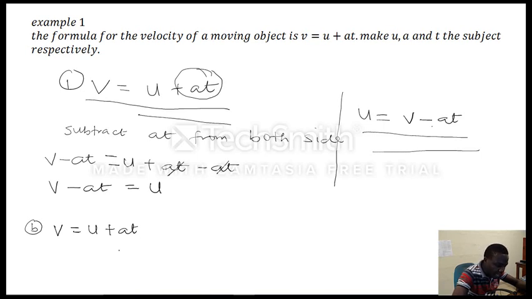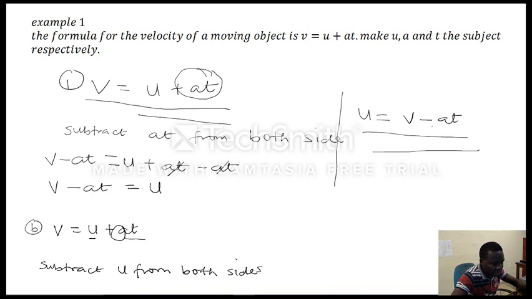So in order for me to make a the subject of the formula, I'm going to first of all move u to the other side before I'm going to undo the multiplication of a and t. So by doing this, I will subtract u from both sides.